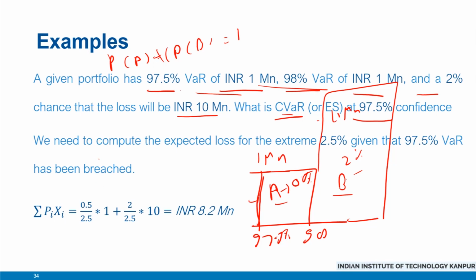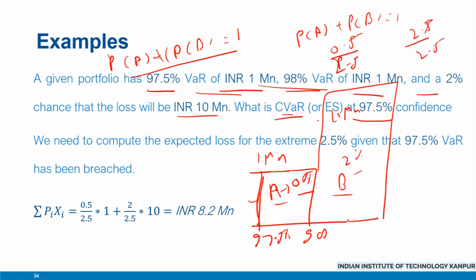The idea is to make this summation 1, and therefore we need to standardize these probabilities on a scale of PA plus PB, because this new PA plus PB is supposed to be 1. We'll standardize the probability of 0.5 by dividing it by PA plus PB, which is 2.5 originally, and we'll standardize the other probability, which is 2%, also by dividing by 2.5. So now their summation, P of A plus P of B, becomes 1.